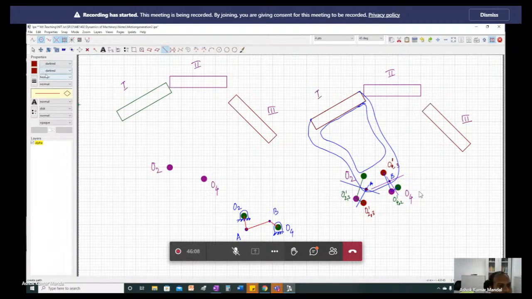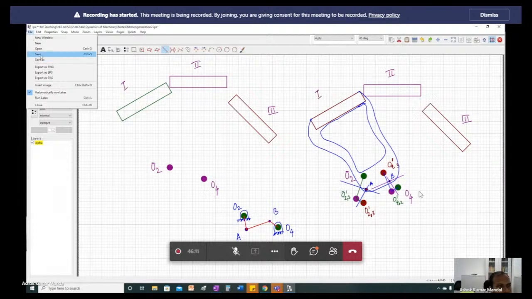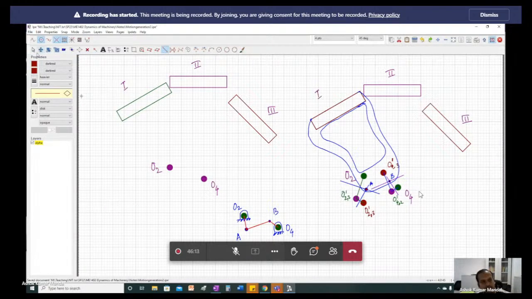Okay, so this is the mechanism we have: O2, A, B, O4. This is the solution we got for this problem.